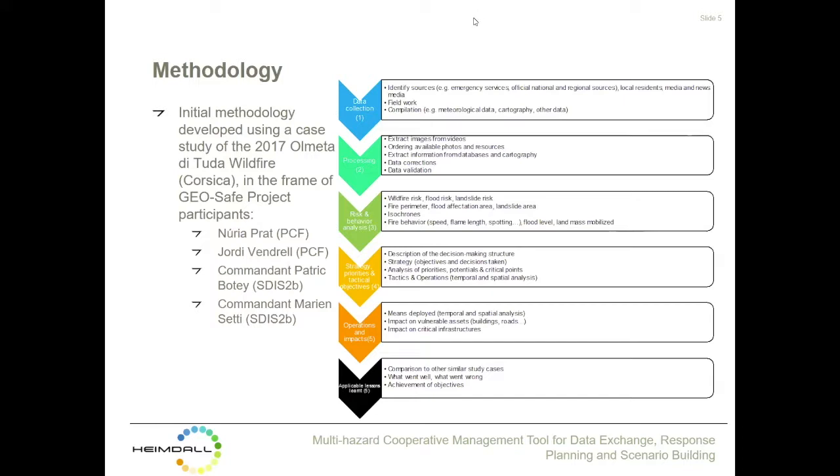As you can see here, the methodology comprises 5 main steps to collect data and information: the data collection, the definition of what kind of data, the data processing and validation, the analysis of risk and behavior, the definition of the strategy followed, the priorities, the tactical objectives, the operations carried out, the impact of the incident, and finally, the collection of the applicable lessons learned.